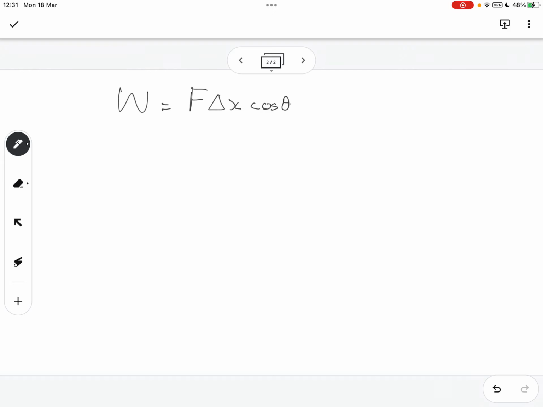So there could be an object that's already moving towards the right, but there's friction doing work on it also.